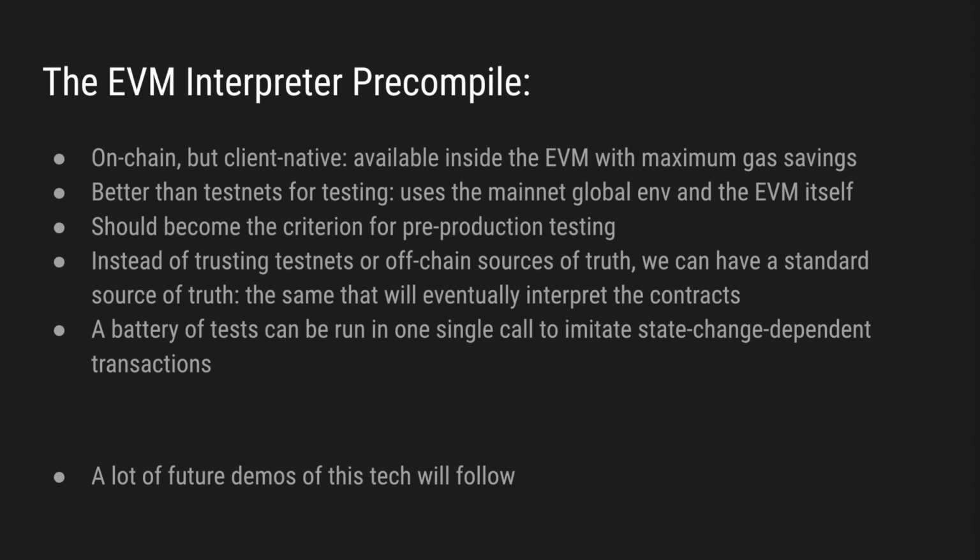It should become the criterion for pre-production testing instead of trusting testnets or off-chain sources of truth. And we can have a standard source of truth, the same that will eventually interpret the contracts. A battery of tests can be run in a single call to imitate state change dependent transactions. A lot of future demos on this stack will follow.